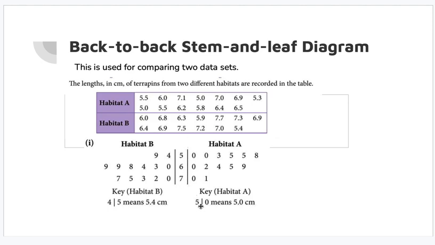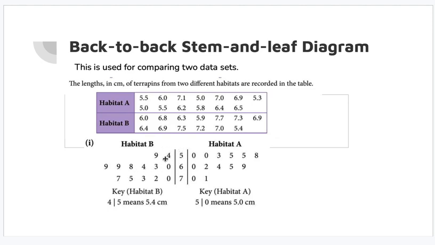And in this case here, the key 5/0 means 5.0 cm. So 6/2 is 6.2 cm. Notice that in the other stem and leaf for habitat B, the stem is read in the reverse direction.